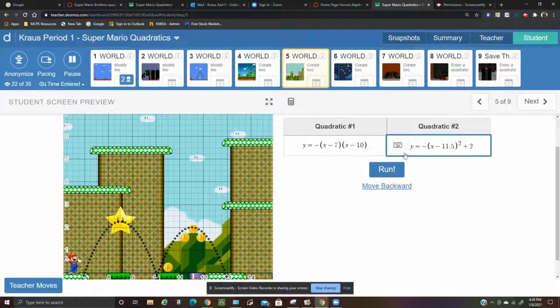All right, so that's a little bit too wide, so we'll make it more narrow. And more narrow still, because this coin right here, all right, now it looks good.